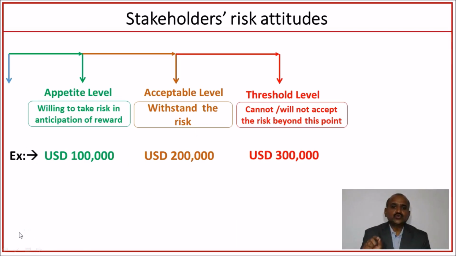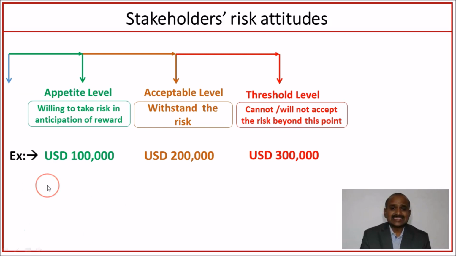Stakeholder risk attitudes can be described using 3 levels. The first one is appetite level, the second one is acceptable level, and the third one is threshold level. Appetite level is also called risk hungriness. It is the degree to which each stakeholder or enterprise wants to take a risk in anticipation of reward.